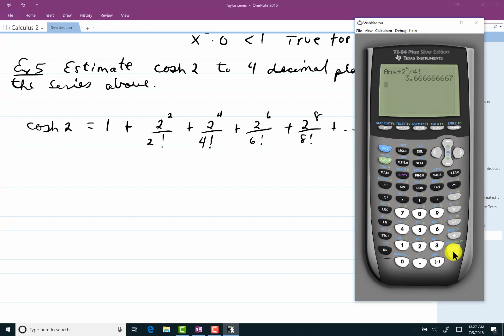Okay, now let me add the next term, the 2 to the 6th over 6 factorial. Right now, I don't even have 1 decimal place locked in quite yet. So I'm going to go 2 to the 8th over 8 factorial.